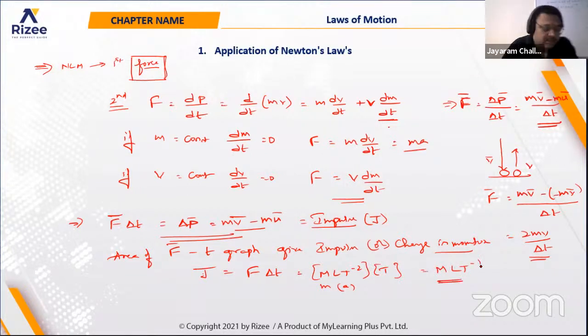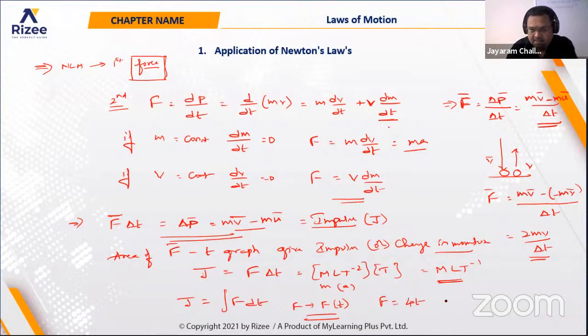Okay, so this is regarding Newton's second law, where we have discussed the force conditions. For a variable force, the impulse can be obtained by the integral of F dt. To solve in this case, F has to be a function of time. For example, F is equal to 4t, and what is the impulse within the time interval of 2 seconds to 5 seconds?